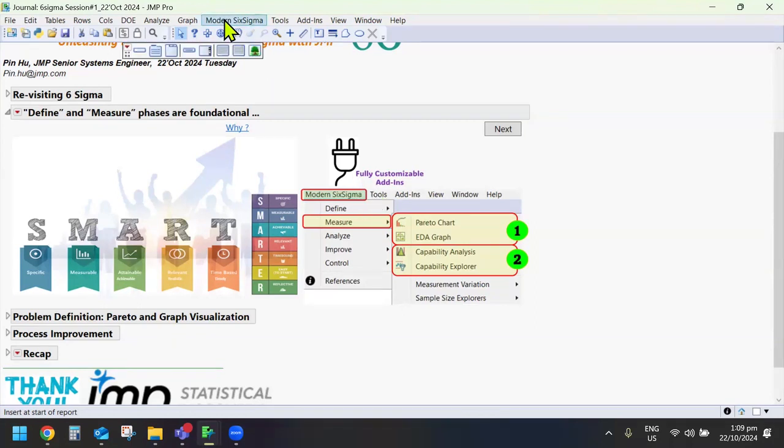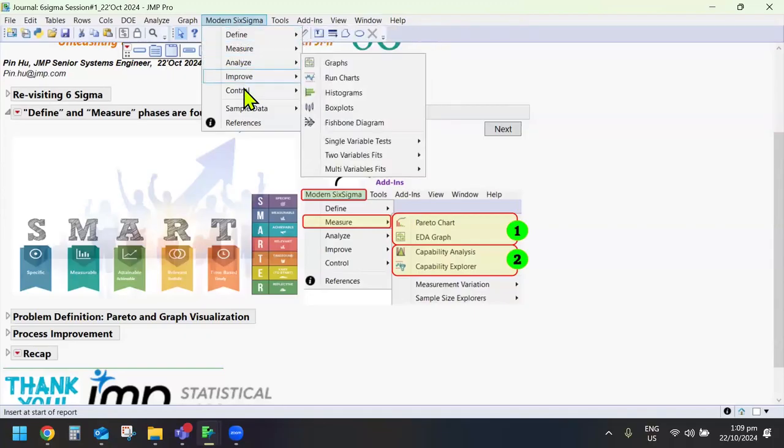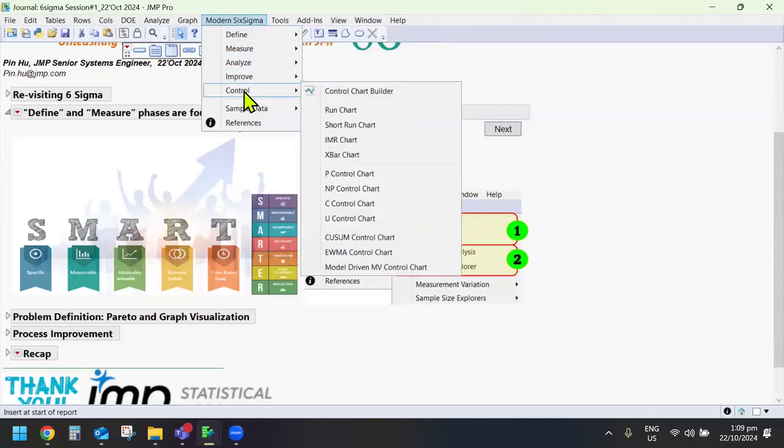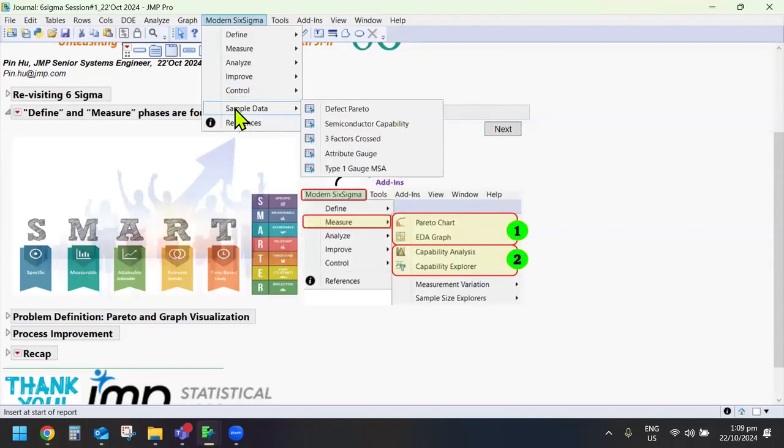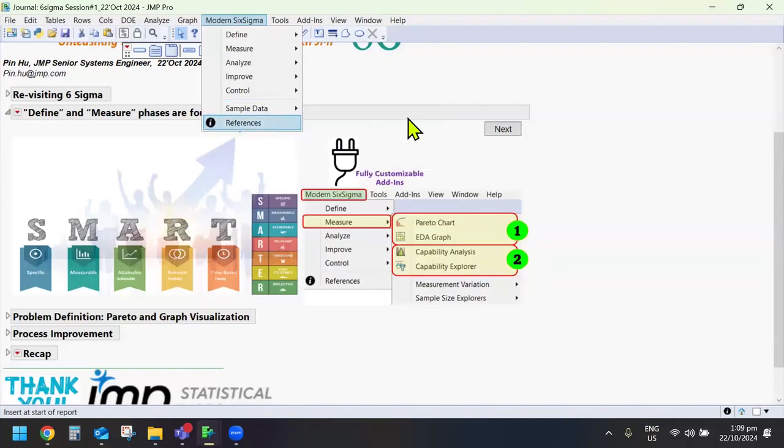I already installed the Modern Six Sigma add-in in my JMP so that it appears as one of the selection menus. From there, you can see I have define, measure, analyze, improve, and control, so on and so forth. DMAIC, follow the step. We also provide some samples, which help you to practice some of the platforms, and also the reference.